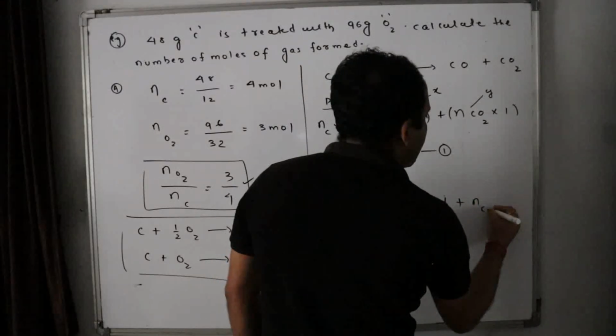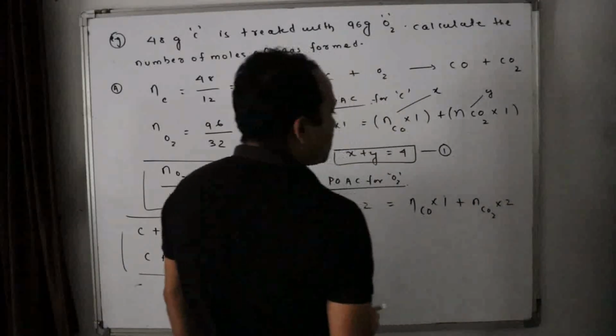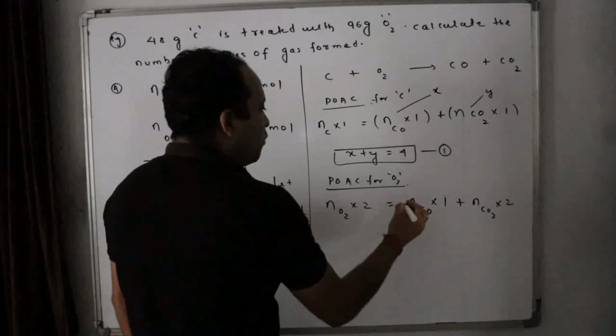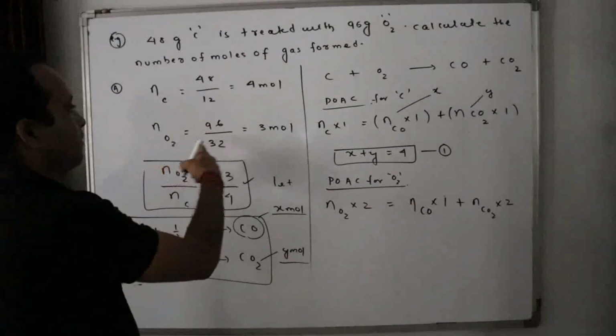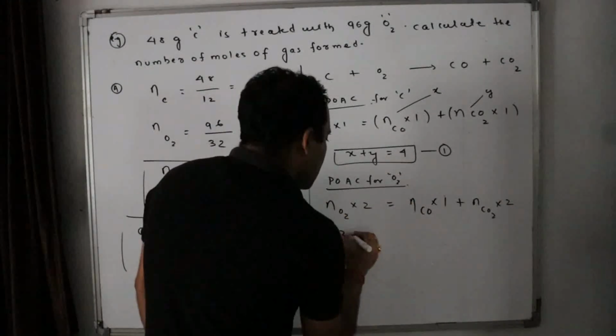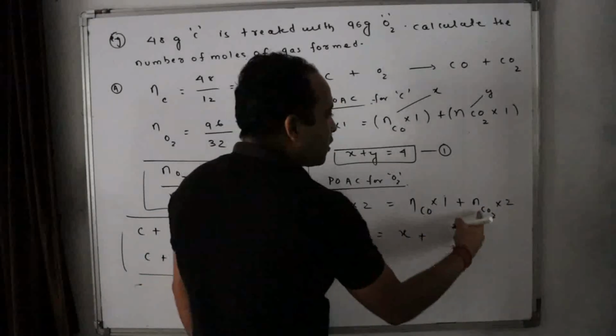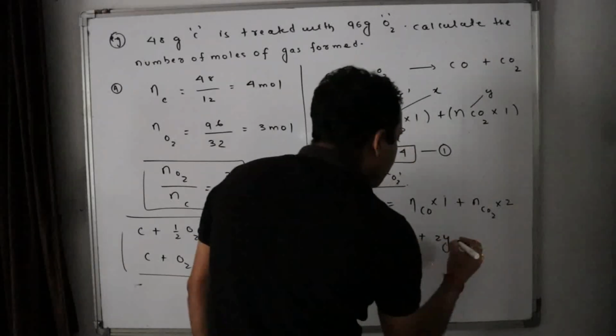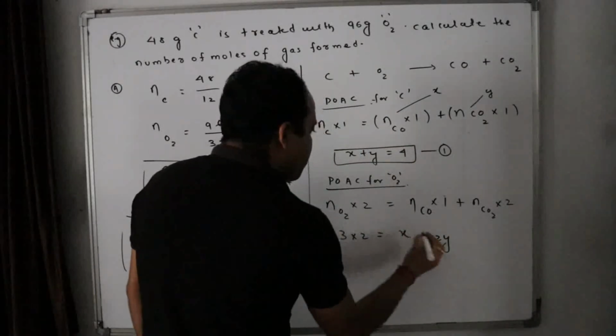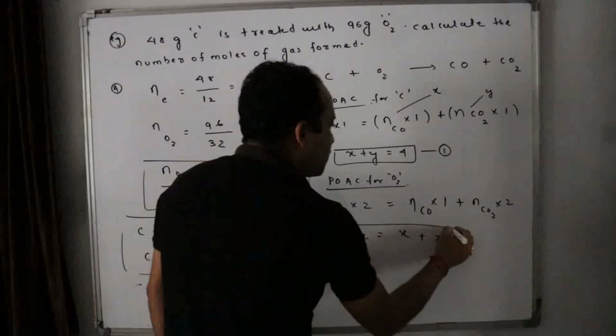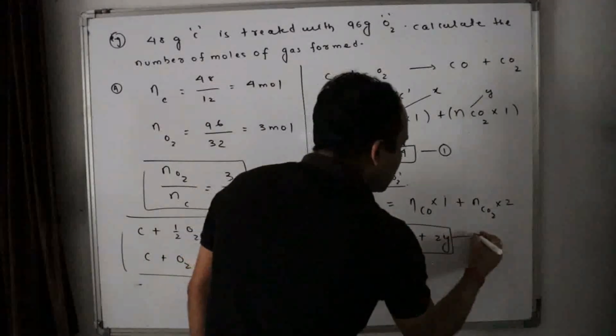Plus number of moles of carbon dioxide, the number of times the oxygen exists, 2. Now, number of moles of oxygen, how much here? 3. So 3 into 2 is equal to number of moles of carbon monoxide X plus number of moles of carbon dioxide 2Y. So 2Y plus X is equal to 6. So this is equation 2.